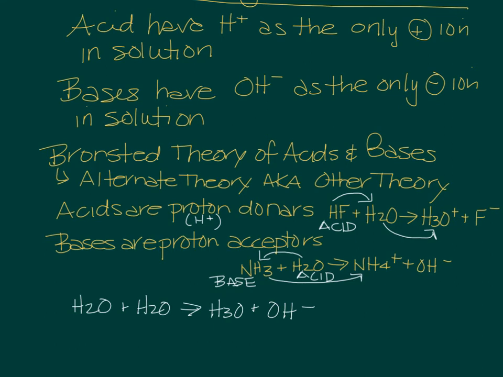So what happens here is that one of the waters is donating H, so this is my acid, and one is accepting H, so that is becoming my base, and when it does that, it forms H3O plus. So acids donate, bases accept.